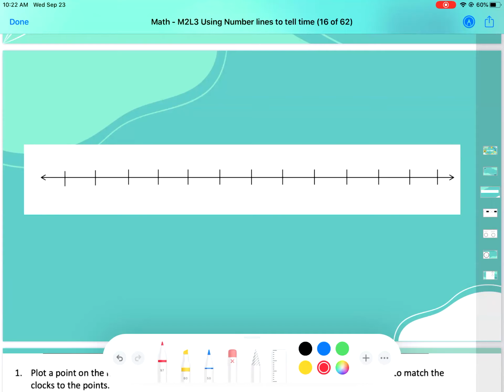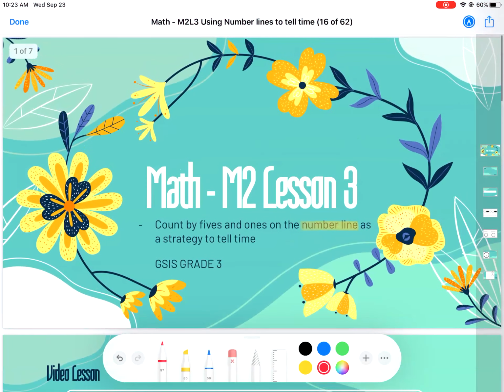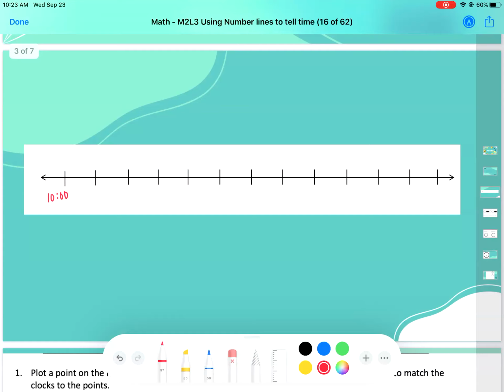Let me first begin with labeling my number line. I'm going to start from 10 o'clock because right now my time is 10:23. So I'm going to draw a number line that falls between 10 o'clock and 11 o'clock.